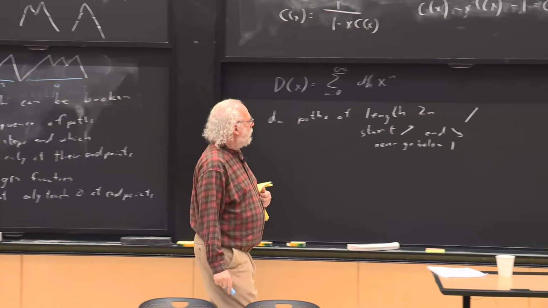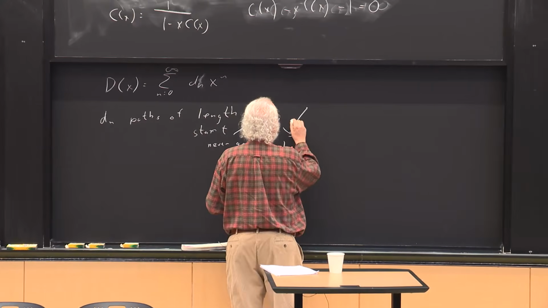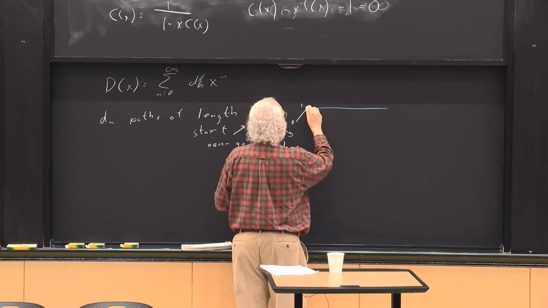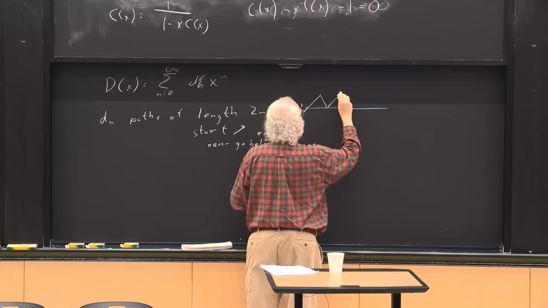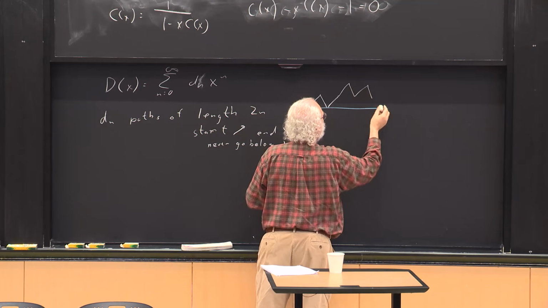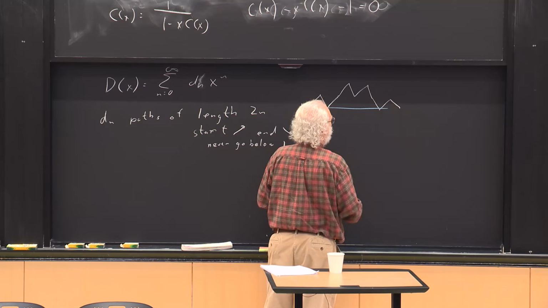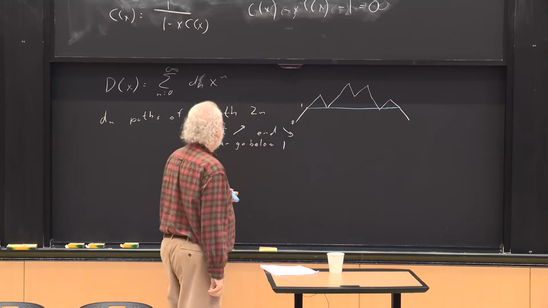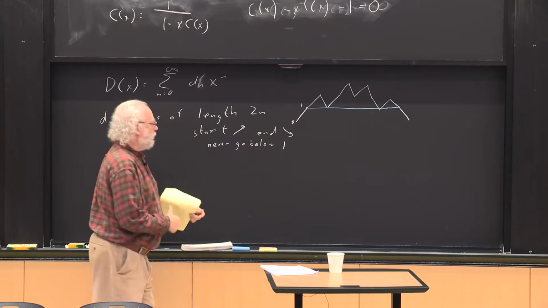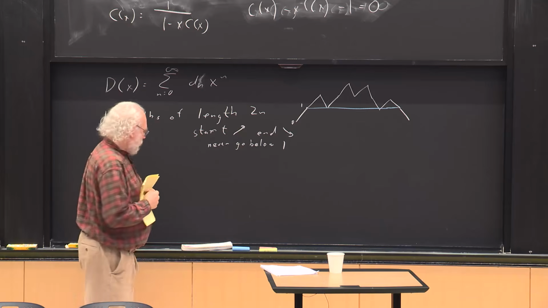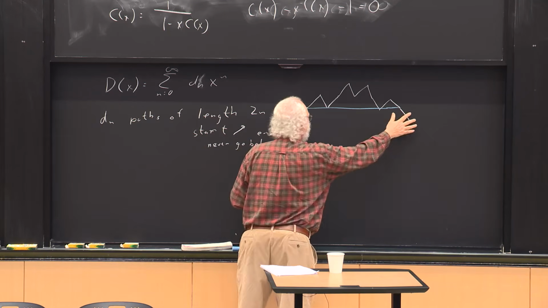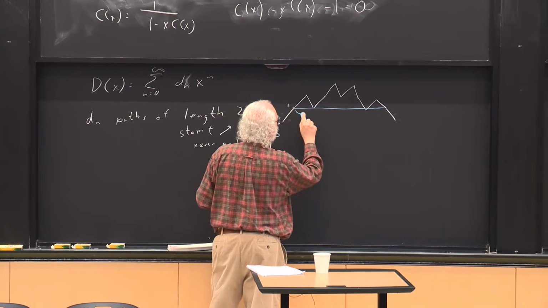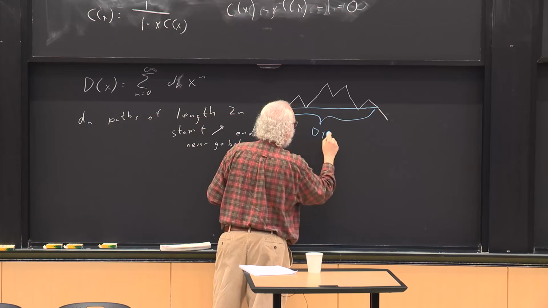So here, let's call this 0, call this 1. And we have a path up here that never goes below 1 until the last step, in which case it goes down to 0. Now, if you take off the last step and the first step here, this thing is a Dyck path.